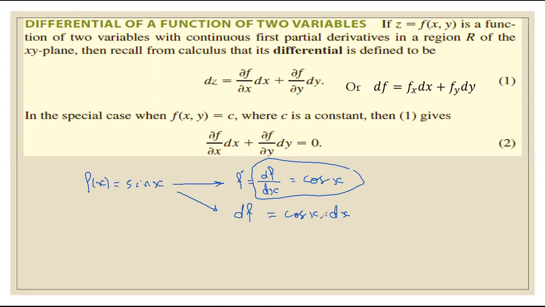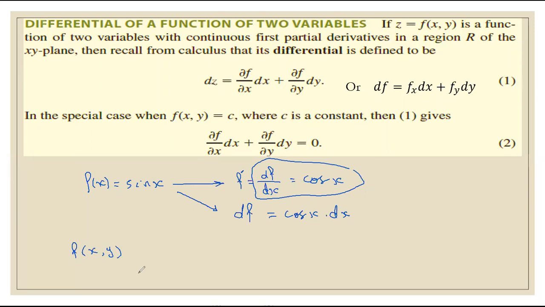If my function has two variables, so let my function f have two variables, maybe x and y, at that time you can't say there is differentiation for this function. You can't say there is derivative for this function.